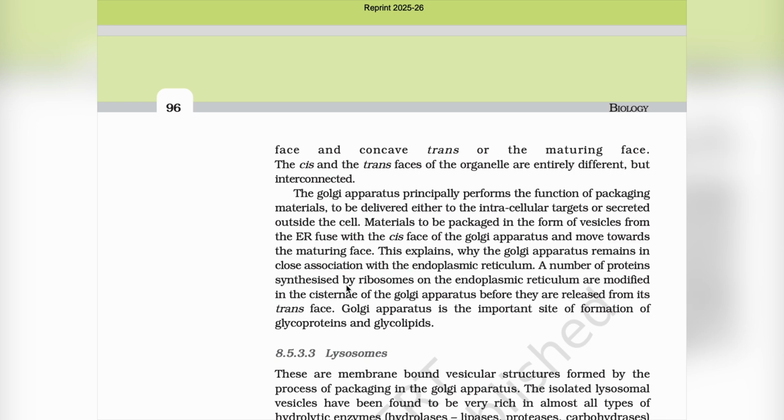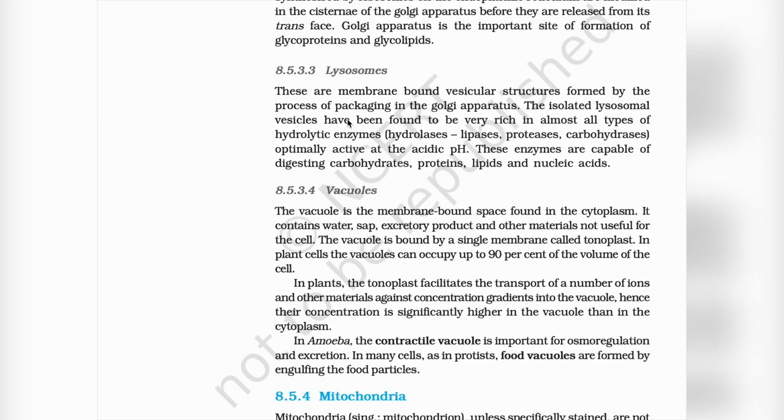A number of proteins synthesized by ribosomes on the endoplasmic reticulum are modified in the cisternae of the Golgi apparatus before they are released from its trans surface. Golgi apparatus is the important site of formation of glycoproteins and glycolipids. Lysosomes. These are membrane bound vesicular structures formed by the process of packaging in the Golgi apparatus.